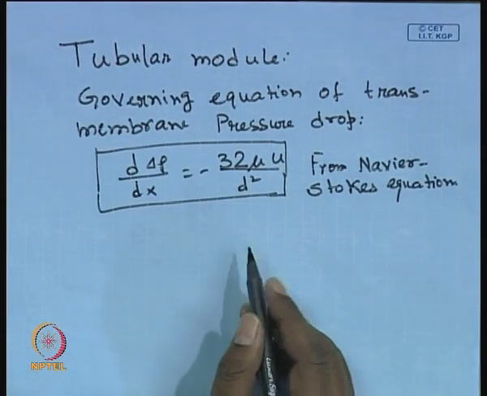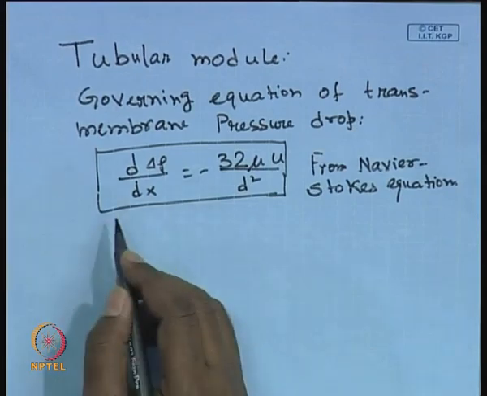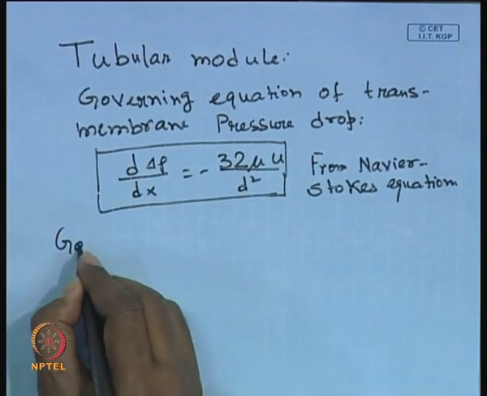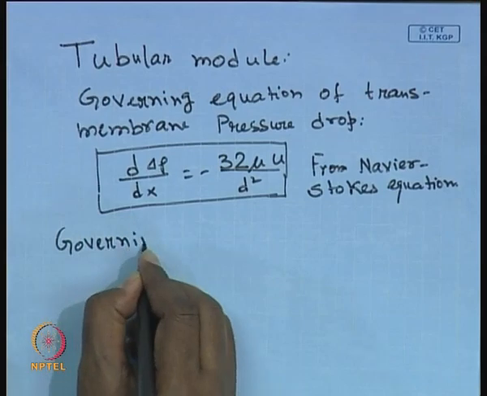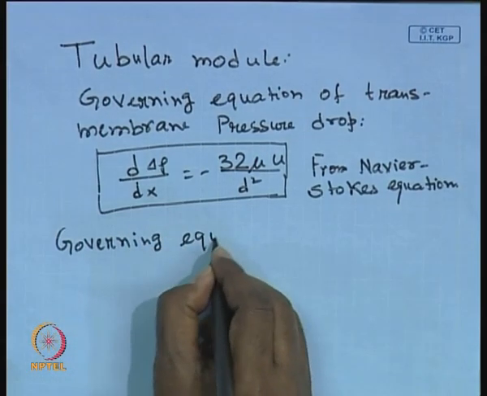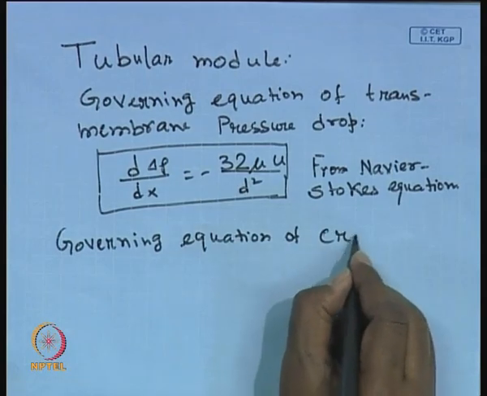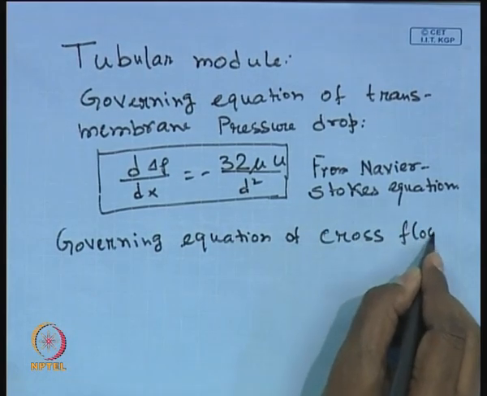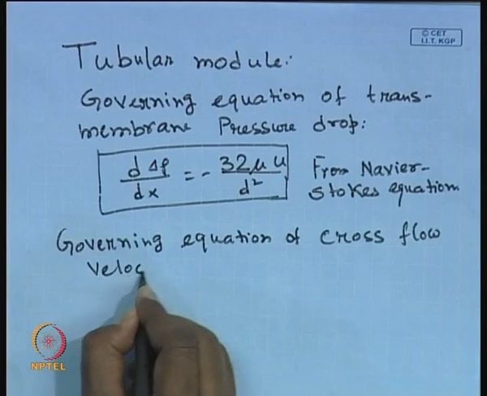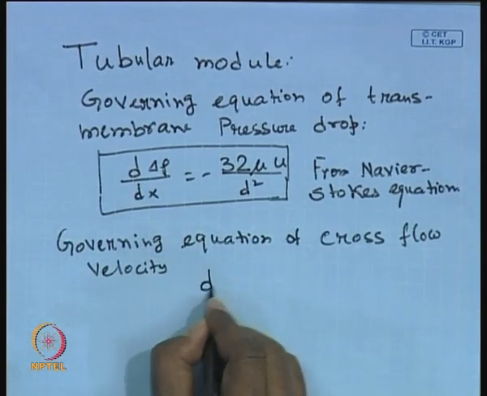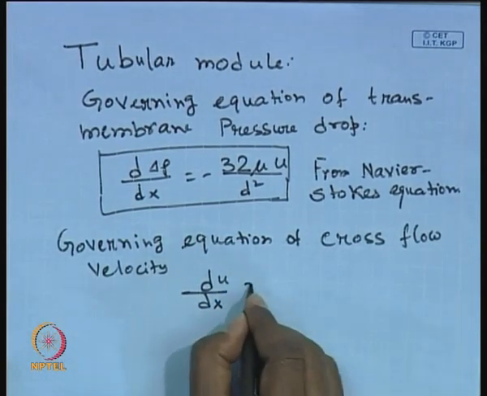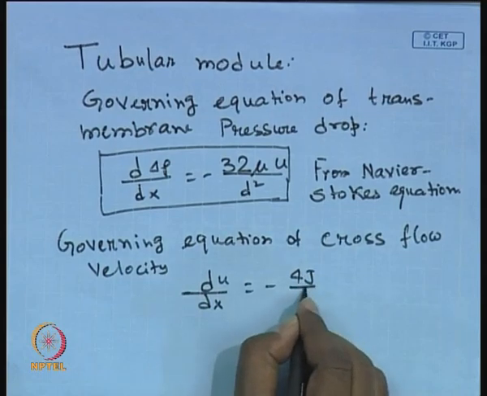Now, this will be the governing equation for delta p, and the governing equation of cross flow velocity becomes du dx is equal to minus 4 j over d.